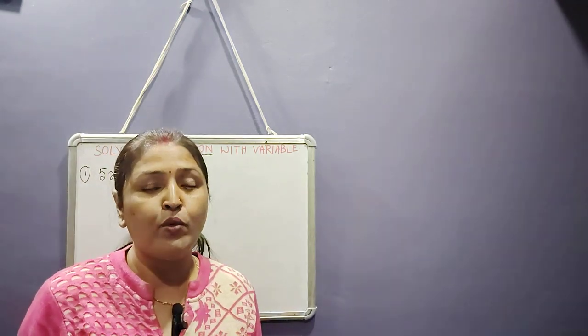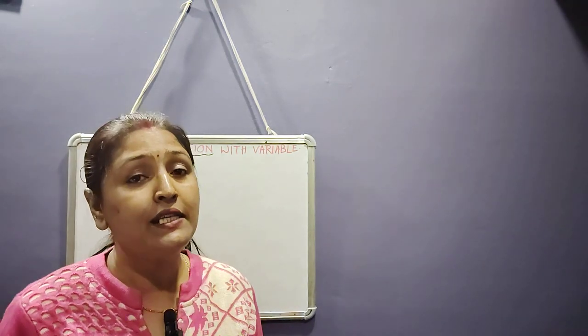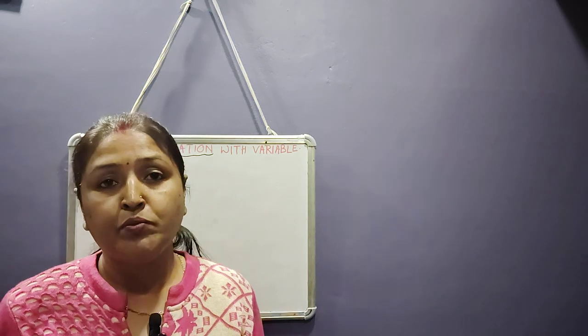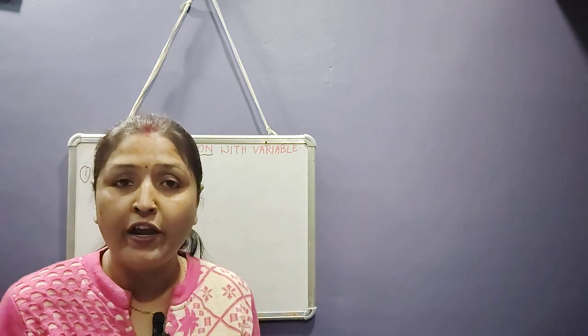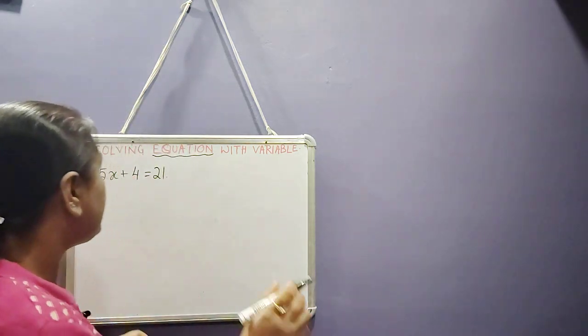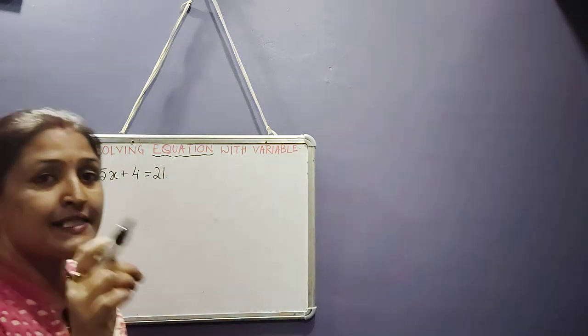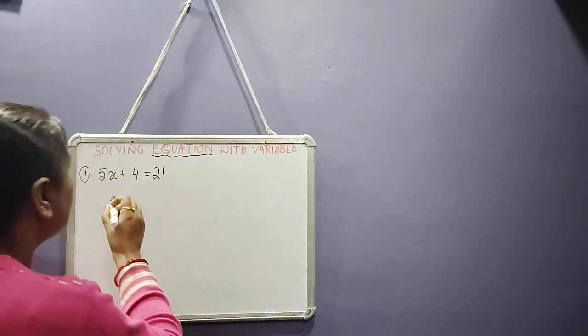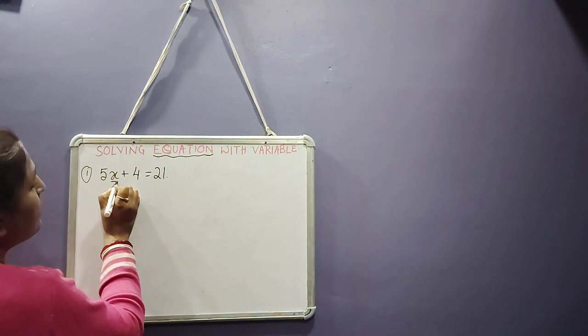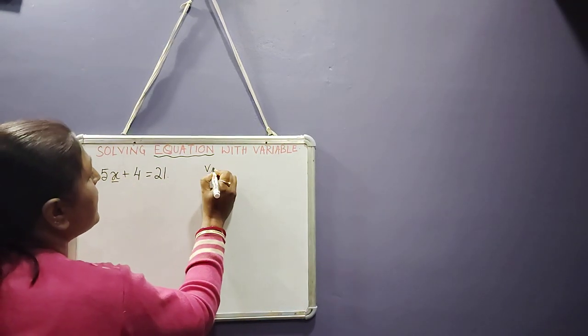So what is an equation? An equation is a mathematical expression with a variable and a constant. In this equation, you can see that there is a variable. What is the variable here? Variable means any alphabet.